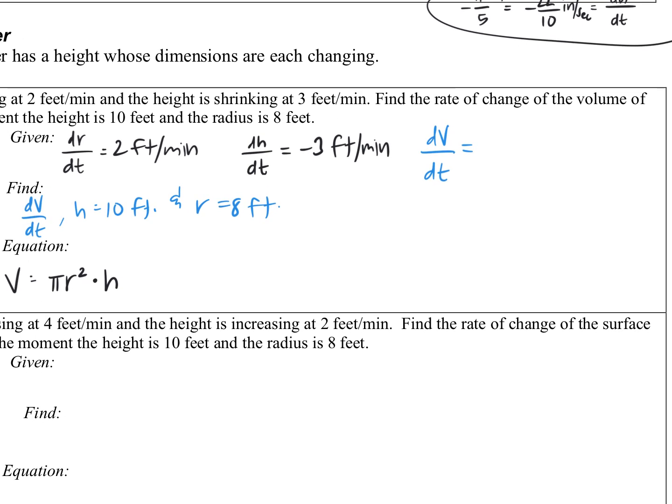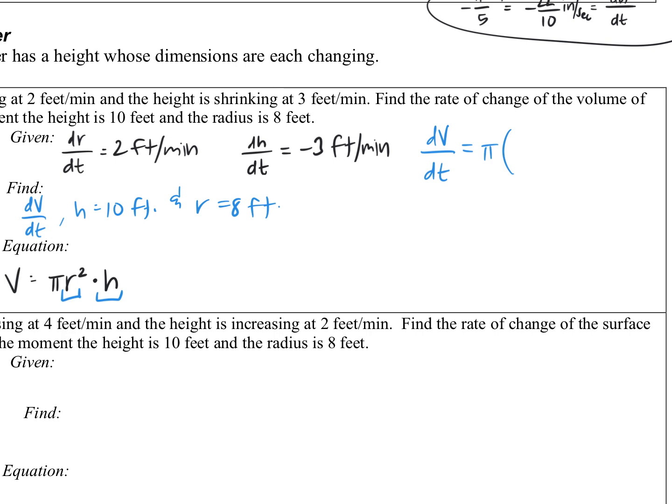Now, I would suggest we just leave pi out of this until the very end, because otherwise it's going to get a little messy. You're going to want to multiply, but let's not multiply with the pi. We're going to leave the pi on the outside first, and then do the product rule with r squared and h.